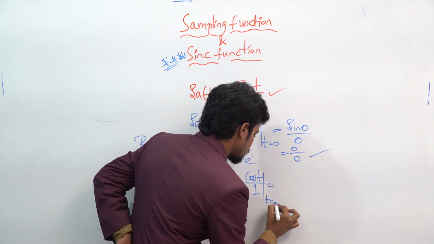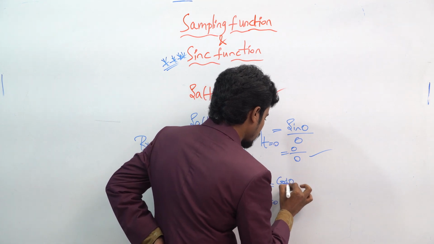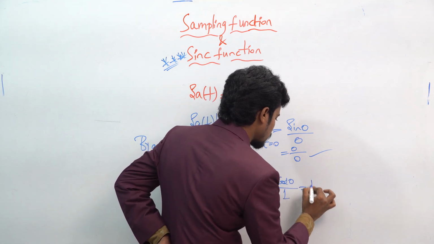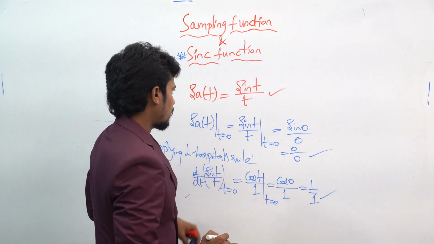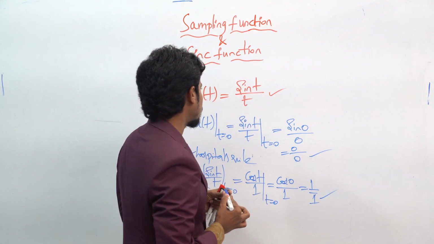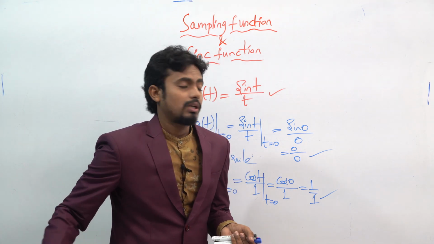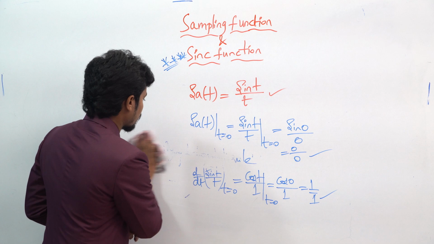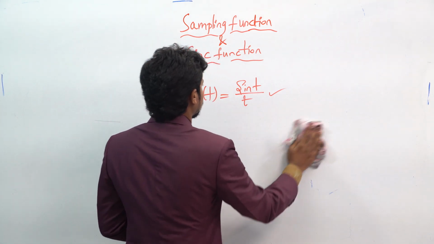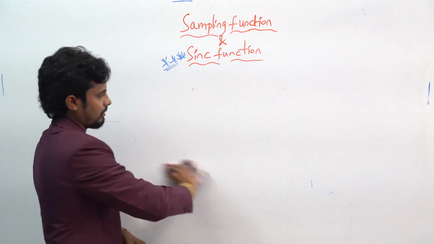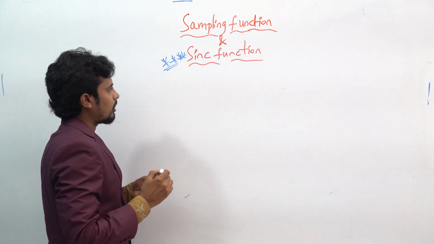Now put t equal to 0 in place of t. That will be cos of 0 divided by 1. Cos 0 is 1. The representation for the sampling function is also the same as this. If you want to draw the plot for this, the plot will be like this.